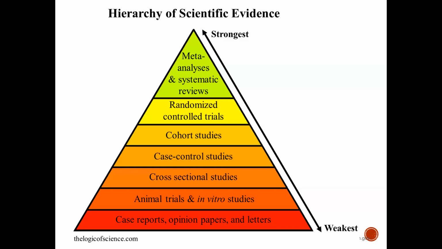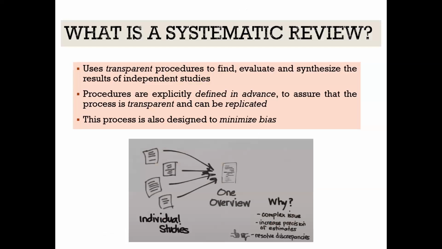Meta-analysis and systematic review are at the top of the pyramid. The case report is at the very bottom, and then come the animal trials, cross-sectional studies, case control studies, cohort studies, RCTs, and then the tip is nothing but the meta-analysis and systematic review.